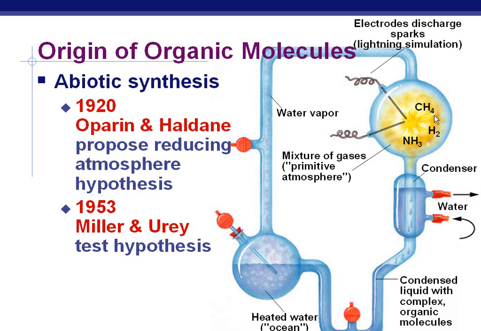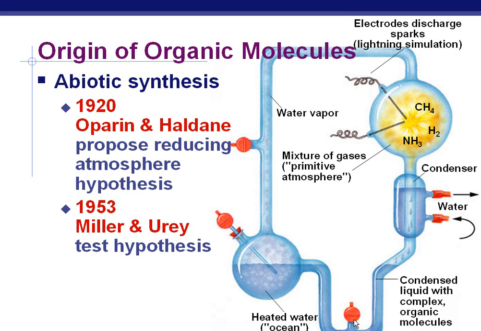Within this mixture of primitive gases that were likely in the atmosphere, like ammonia, hydrogen, and methane, new combinations of these elements would come about and come down into this condenser where there's water, and basically it would be capturing these molecules and cooling them to the point where they could condense, and then they would capture those actual molecules into a liquid.